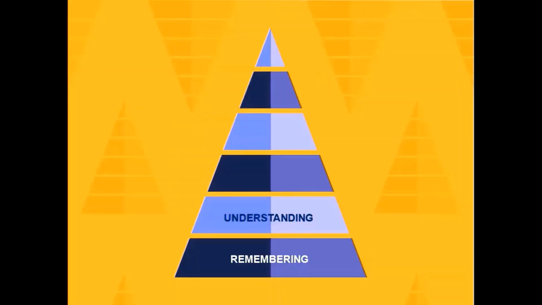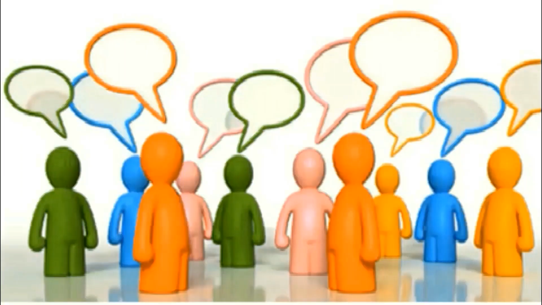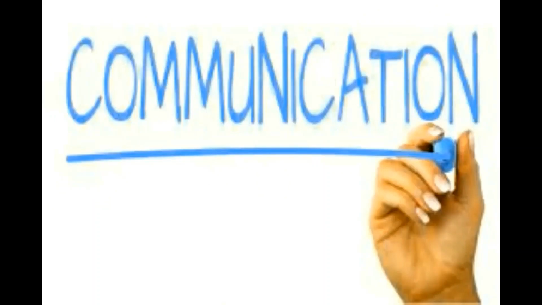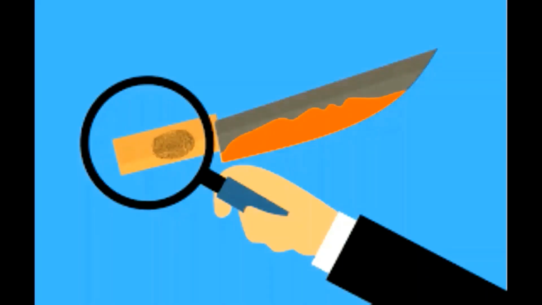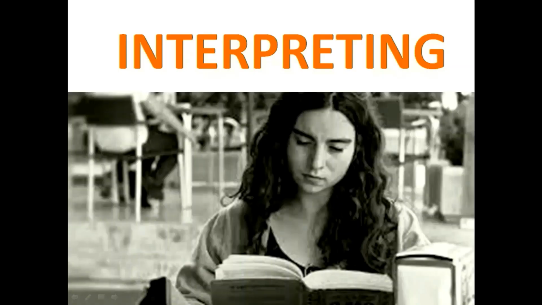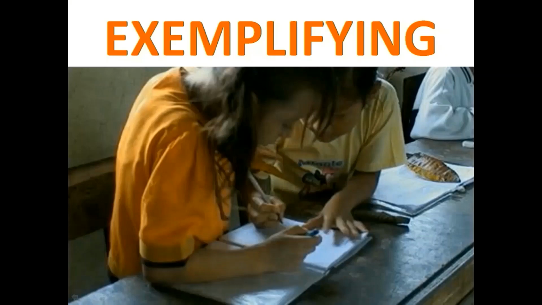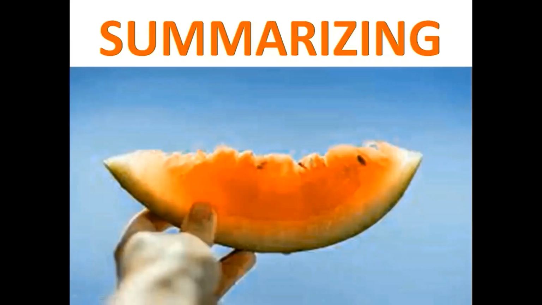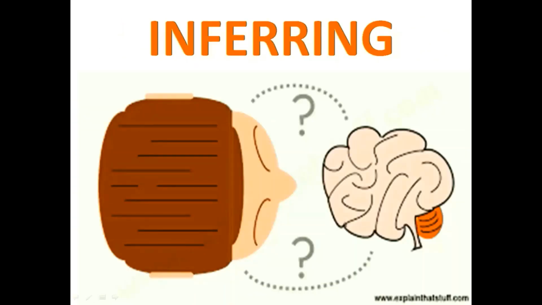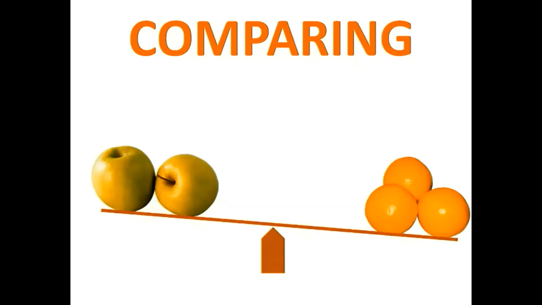Understanding. It is the second stage of the cognitive domain. It is to construct meaning from instructional messages, including oral, written, and graphic communication. Understanding is categorized into the following types: interpreting, exemplifying, classifying, summarizing, inferring, comparing, and explaining.